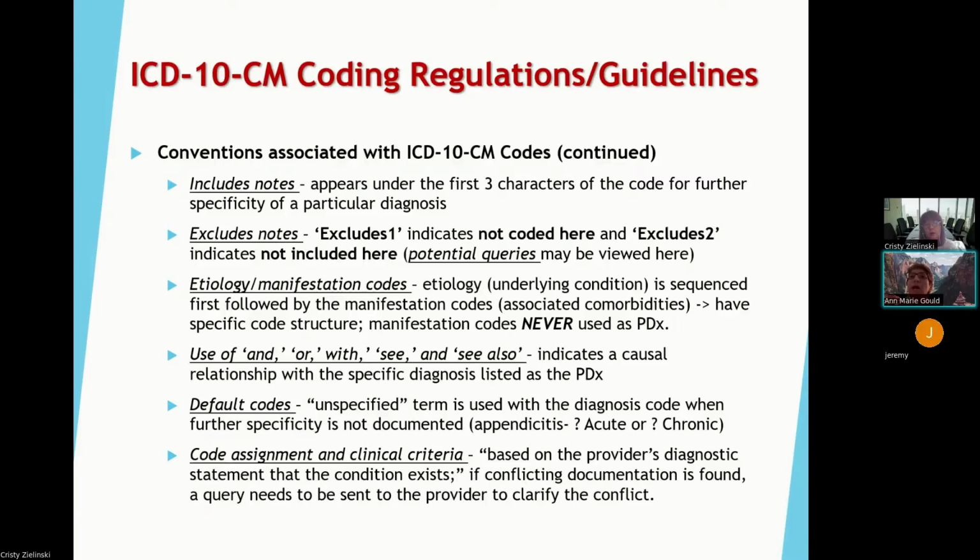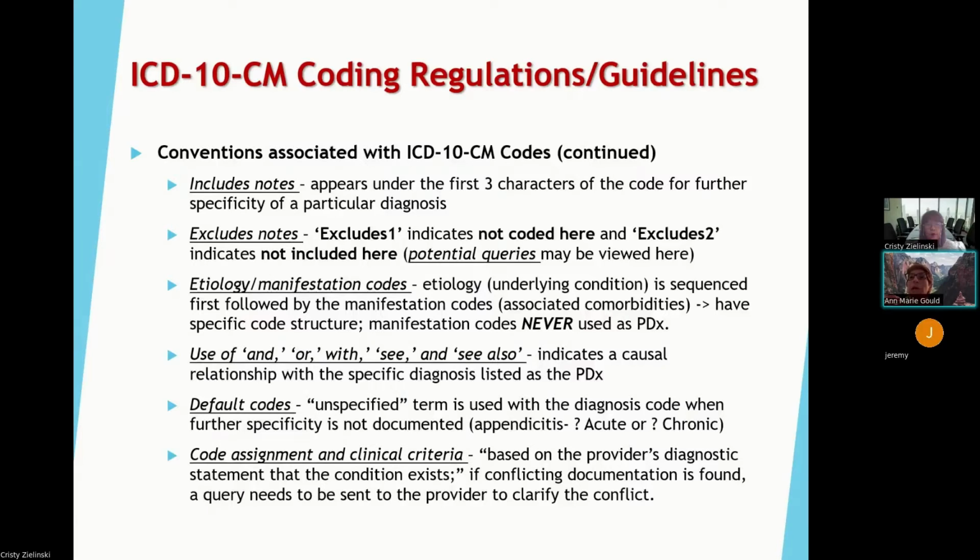You have specific code structure relating to this, and this is one of the general coding guidelines that CDIs need to be aware of. Your manifestation codes, however, are never used as a primary diagnosis. If it's a manifestation code, and it'll give you the manifestation code in parentheses based on the other coding regulations and conventions, you never use a manifestation code as a PDX. That's a no-no from coding rules.